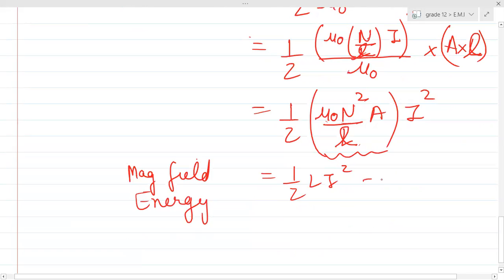The magnetic field energy is basically equal to the potential energy stored in the inductor.